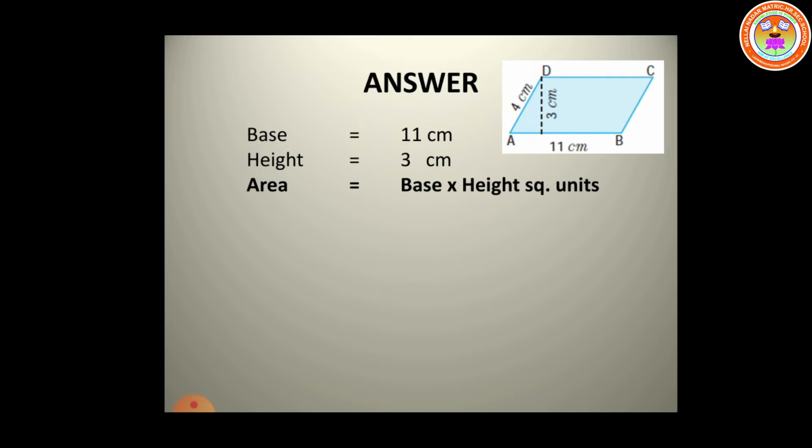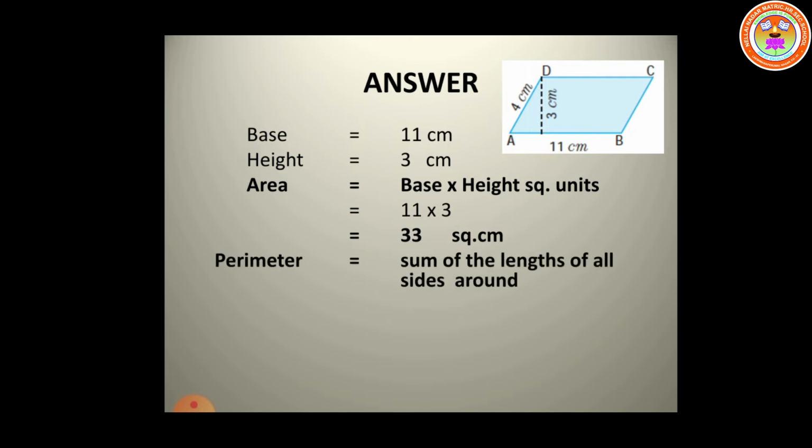Area equal to base into height square units. Substitute the values. Base 11, height 3. 11 into 3. We get 33 square centimeter. What is the answer for area? 33 square centimeter.